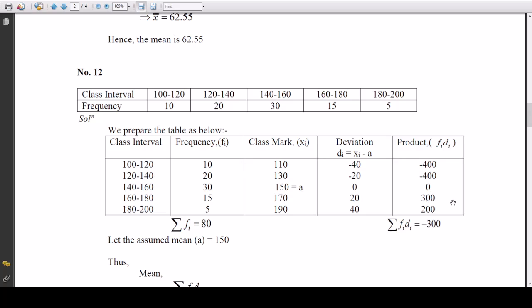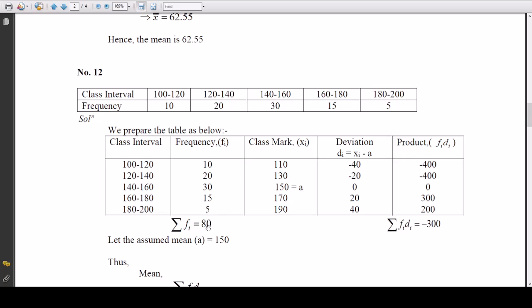If you add this, 300 plus 200 is 500, minus 800. 800 minus 500 will be 300, and the minus sign is greater, so it will be minus 300.